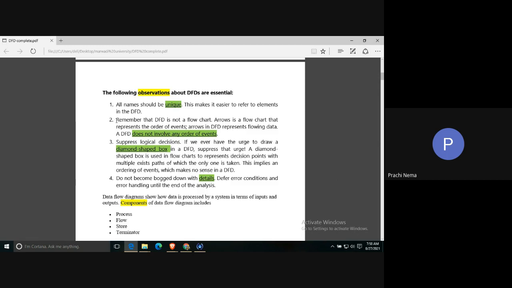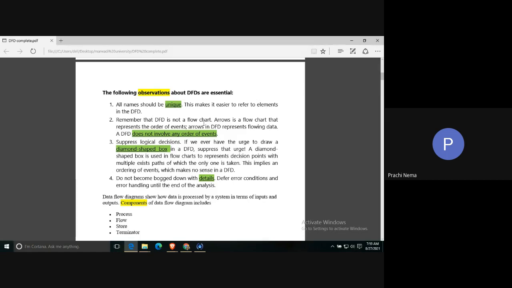The second point is that there is a difference between a flowchart and a DFD, because when you see a DFD, it looks like a flowchart, but it is not a flowchart. Why? Because in a flowchart we represent the order of events, but a DFD does not involve any order of events. Are you getting the difference?